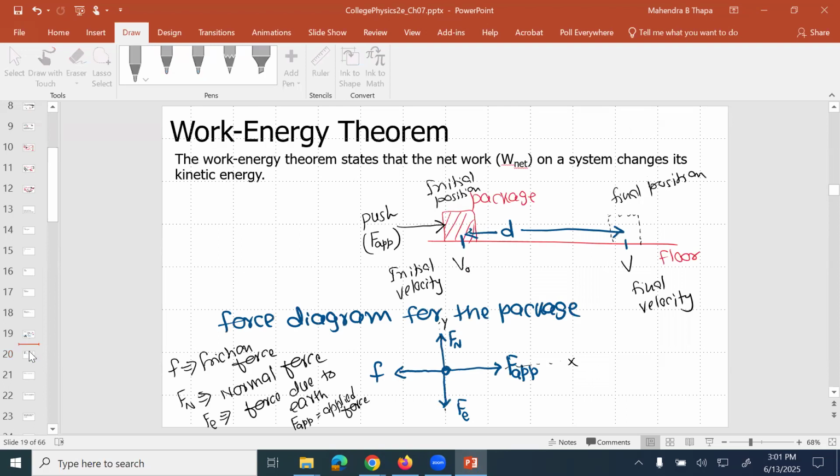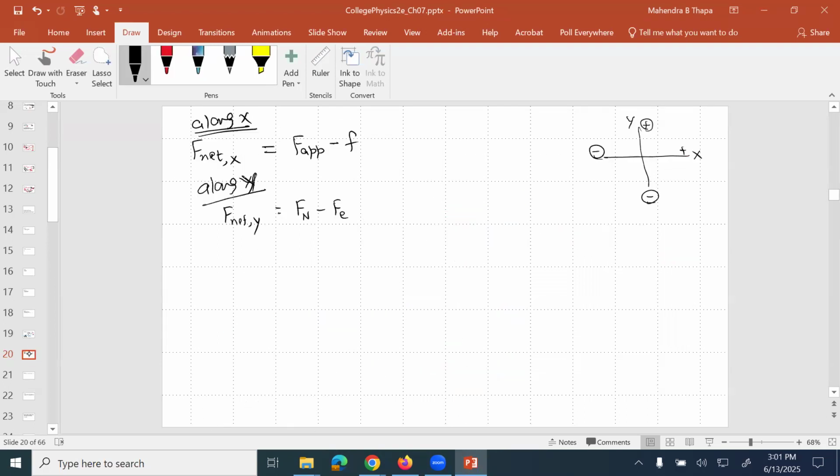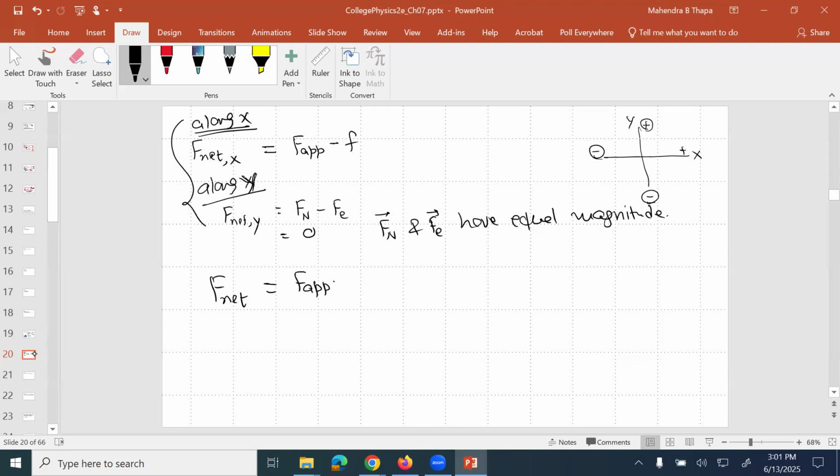I don't know what symbol I use. Okay, Fe. They will cancel because Fn and Fe in this case have equal magnitude, right? So if you combine these, our net force will be just F applied minus friction.